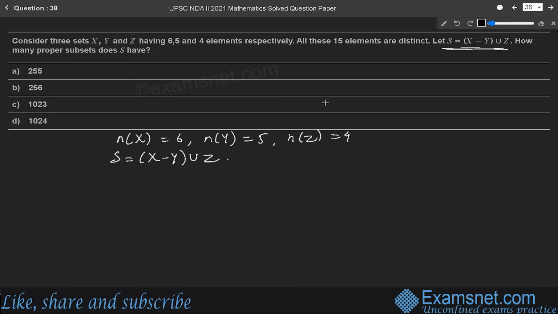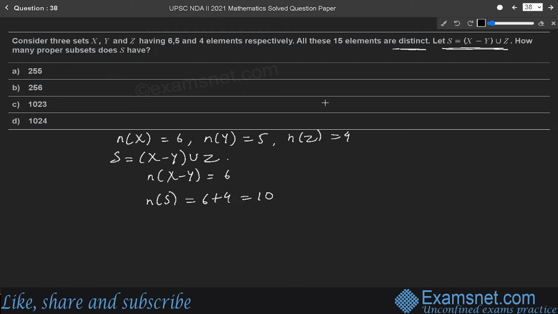There are a total of 15 elements and all 15 elements are distinct, meaning all are different. So we can say that n of X minus Y will be equal to 6 and n of S will be equal to 6 plus 4, which is equal to 10.